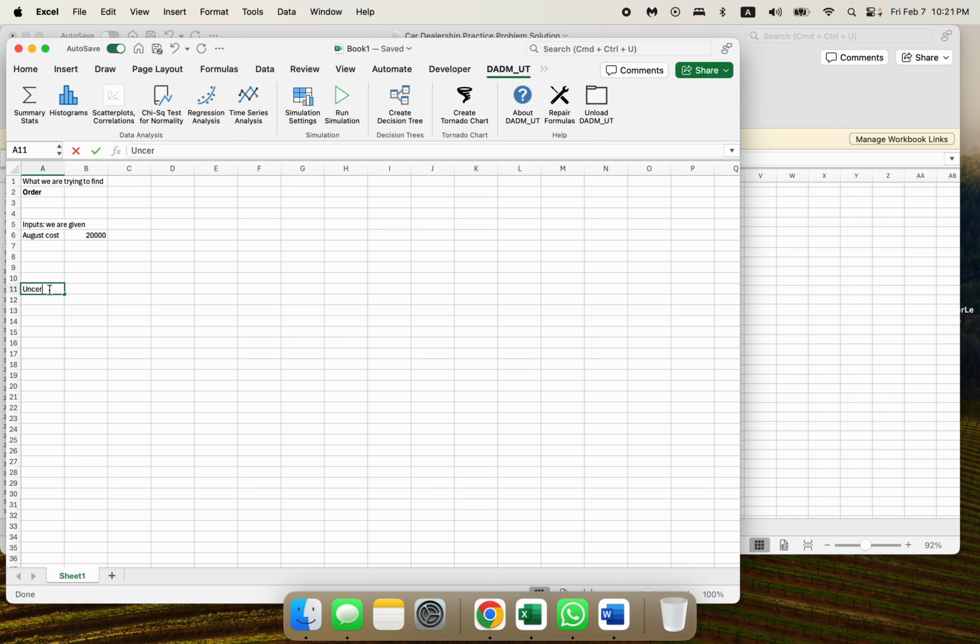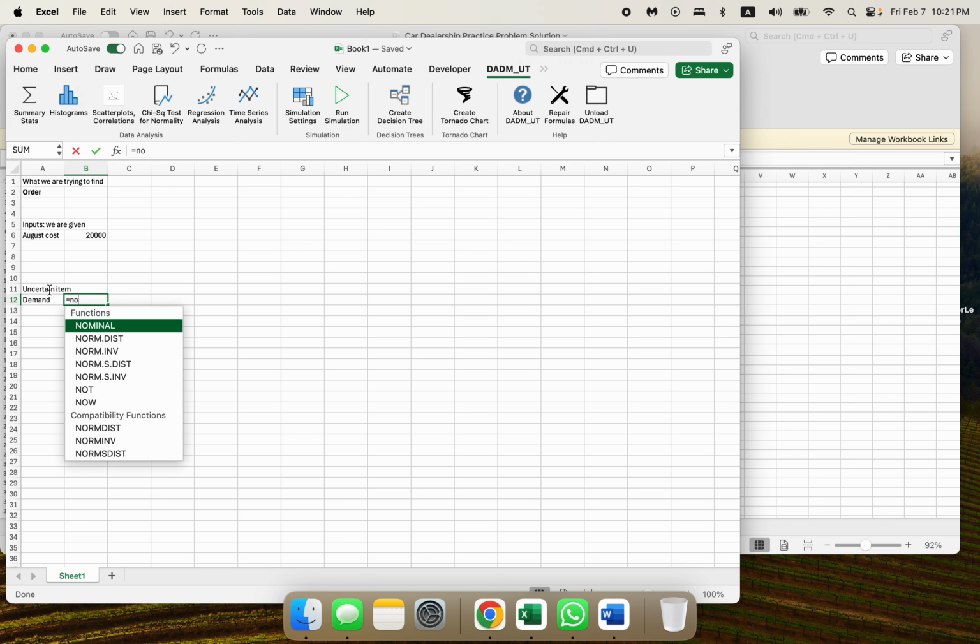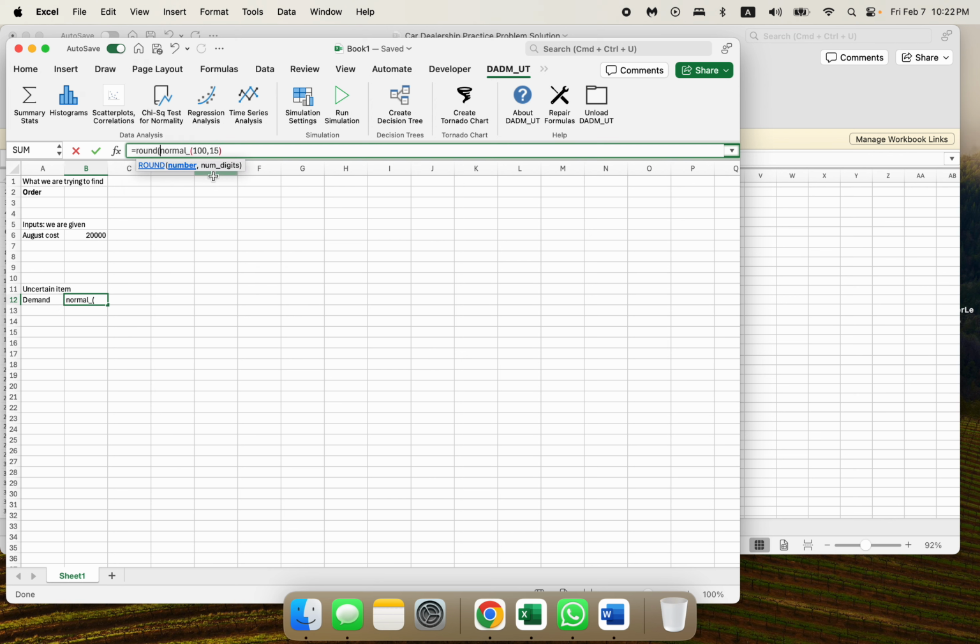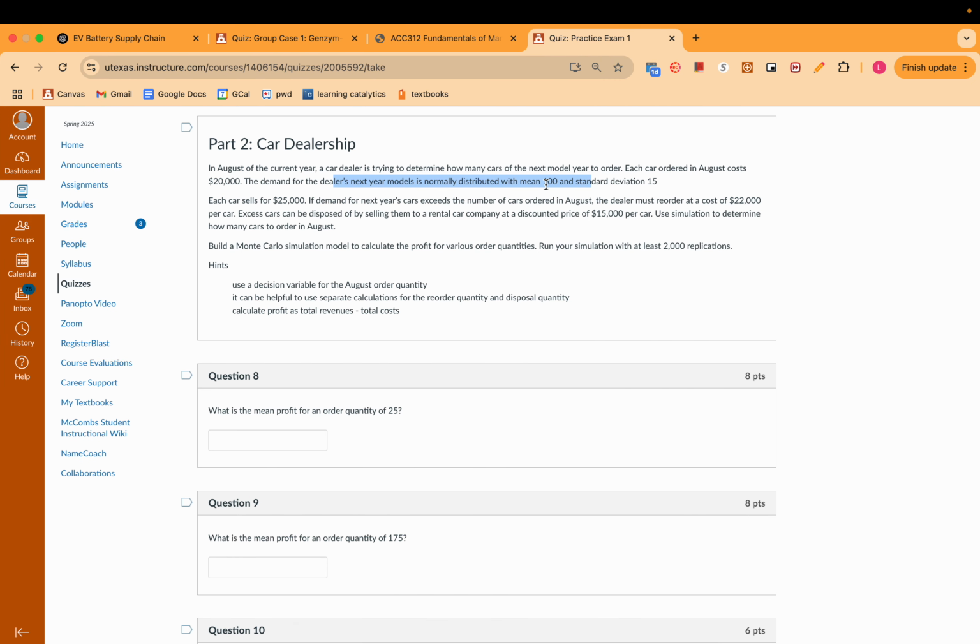This is our uncertain item, which is demand, but we know that it's normally distributed with a mean of 115. We can just round that off to a nice round number because we are looking for a certain number of cars.